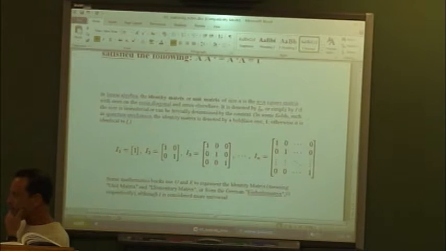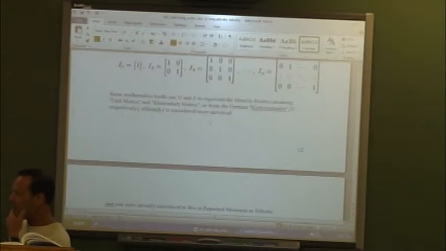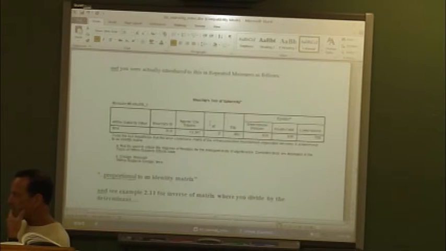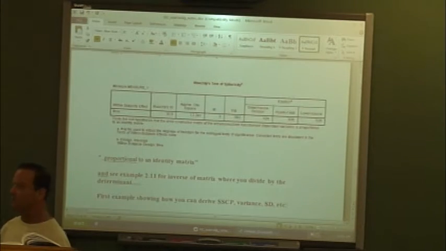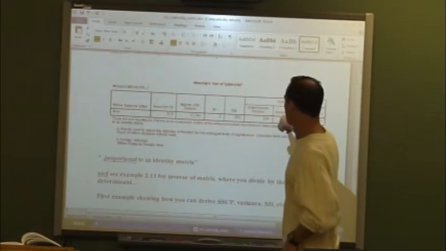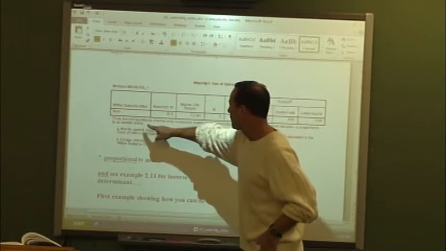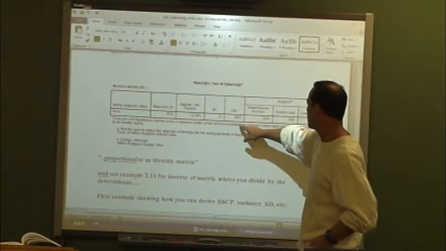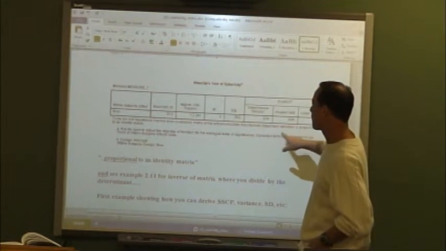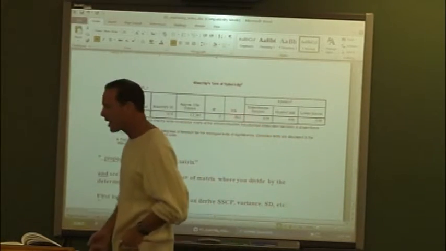So, here again is the identity matrix. And many times we may invert it. You were introduced to this in repeated measures. Remember general sphericity, everybody? Do you remember the null, that the error covariance matrix is orthonormalized to be proportional to an identity? So you were actually introduced to that type of matrix.